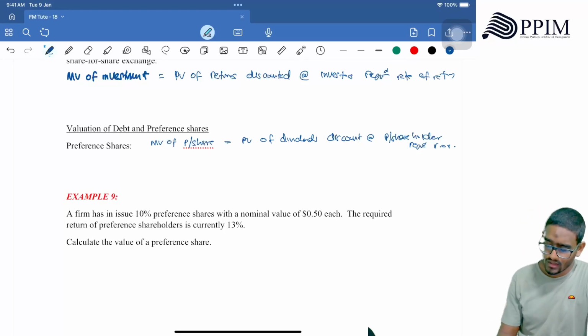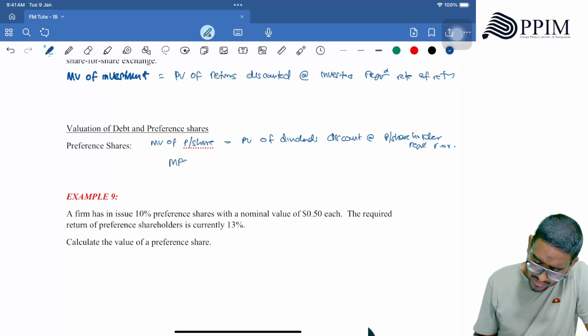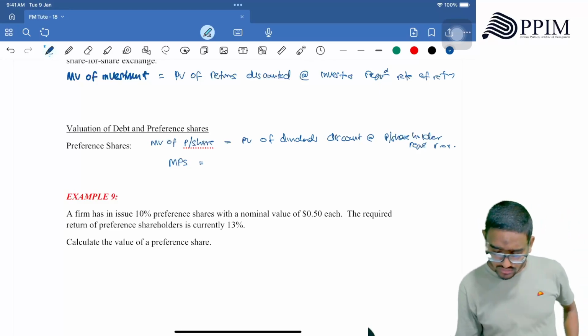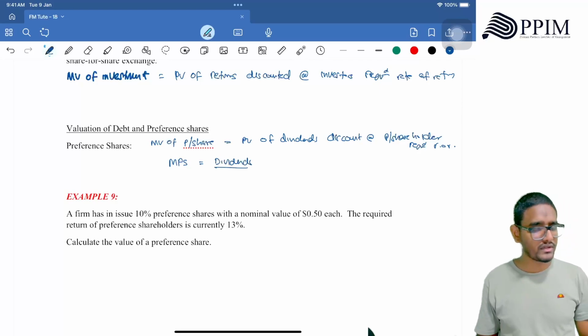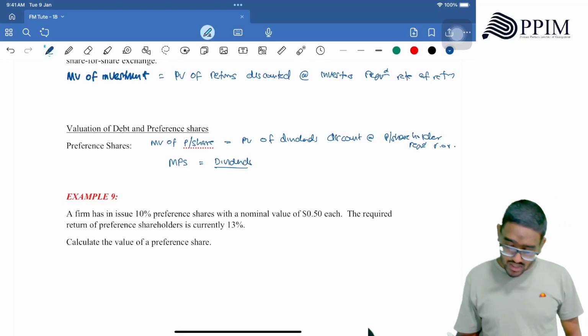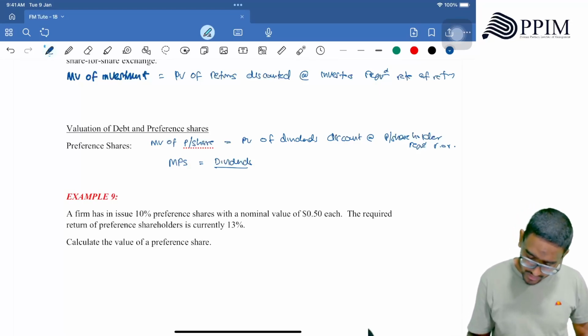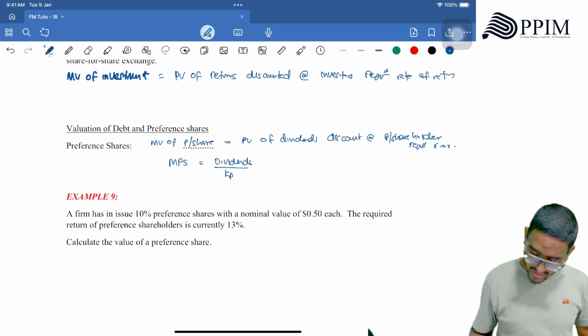So market price per share equals the present value of dividends. We assume dividends go into perpetuity, and discount at your shareholders' required rate of return, which you can call KP. Put notations into this: P naught, D naught, KP.